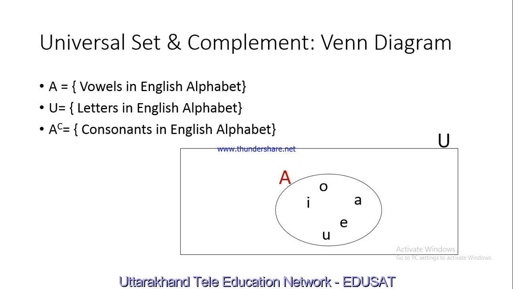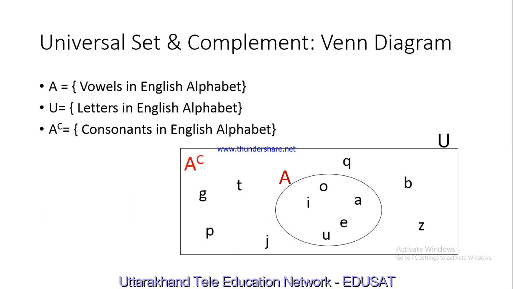Now, which space denotes the complement of A? Again, we can go back to our definition. All the elements which are there in U, but they are not part of the set A. Basically, all the space which is there in the box, but which is not a part of this rounded shape, all that space is the complement of A, and this is what we have shown here.